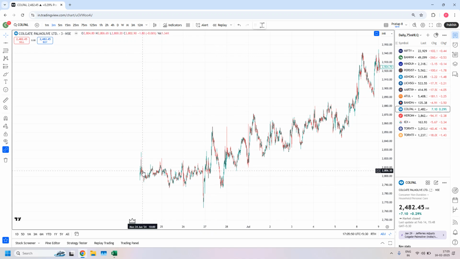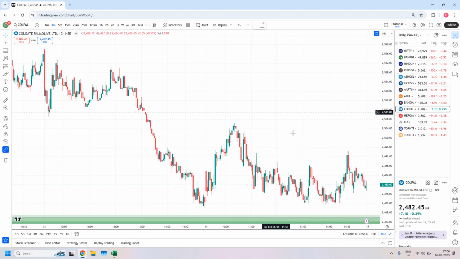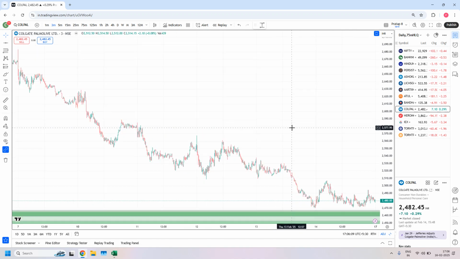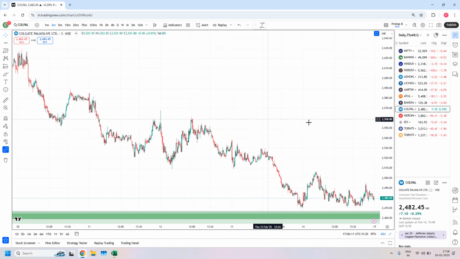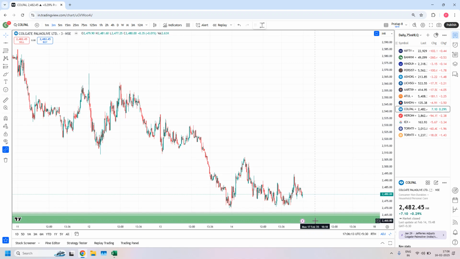So 3 minutes data is not available. We don't have 3 minutes data. It is 3 minutes data only from 24th June, but our zone is from February 24. This is June 24. Okay, fine. Anyway, the second one we should not plan the trade, but the first one is a fresh zone. Anyway, today also prices did not reach into this area.